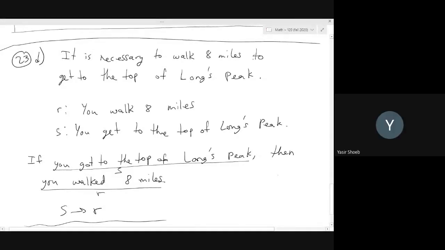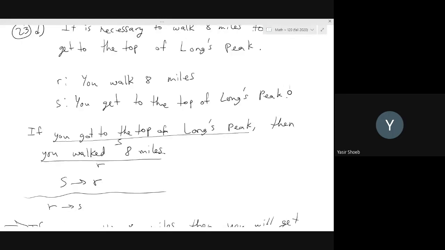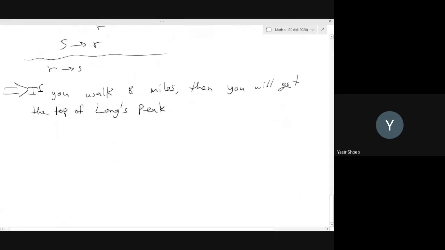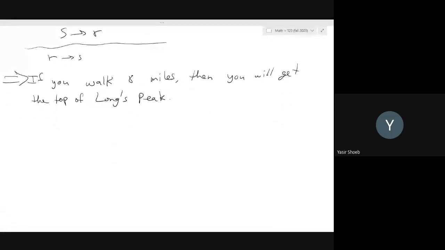Sir, doesn't it depend on the initial condition? If the person is 8 miles from the peak, then we know that if he is at the peak, then he walked 8 miles. But if the initial condition is different, how does that work? If let's say he's 16 miles from there, and we know he got to the peak, we cannot conclude that he walked 8 miles, because he actually walked 16 miles. So that's already out of the scope of what the sentence was telling us.